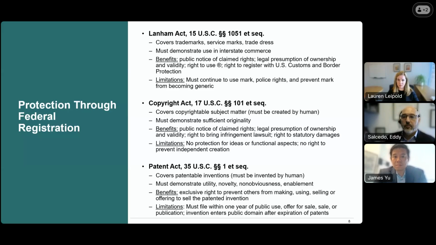But you do have that exclusive right that really is quite robust and allows you to sue under the Patent Act, get damages and attorney's fees. But you got to make sure you file within 1 year of public use of your invention, and you've got to be aware that once your 20 years is up, your invention goes into the public domain and anyone is free to use it. Next slide.